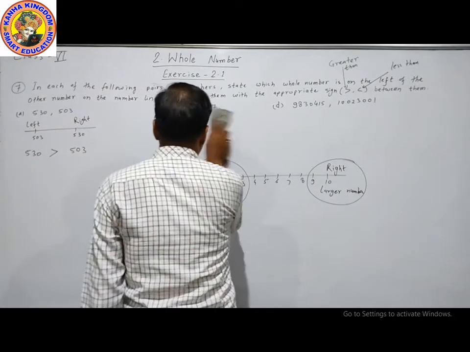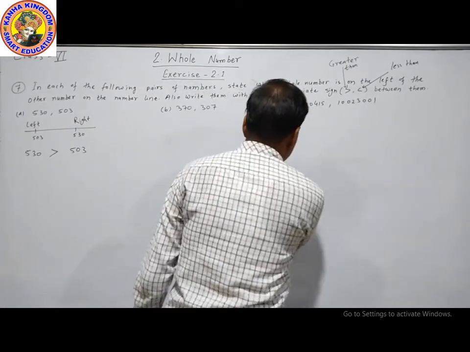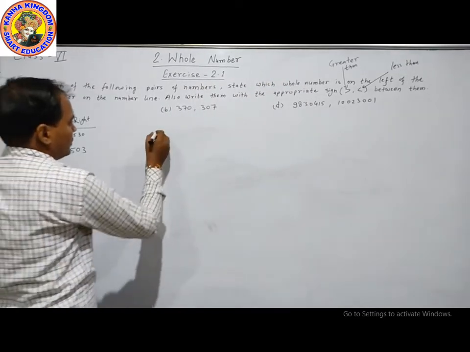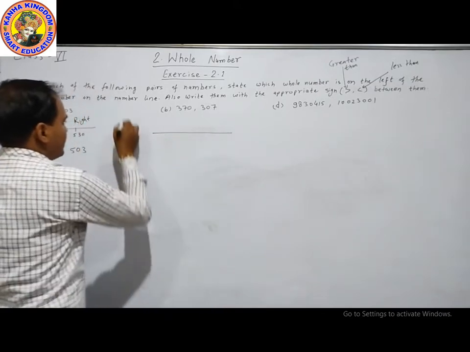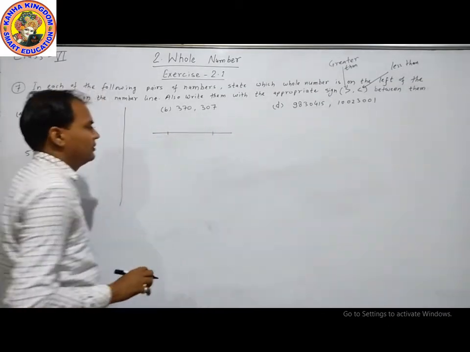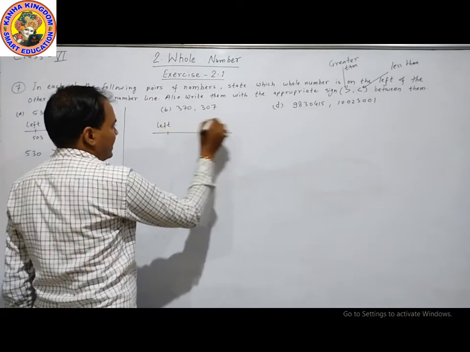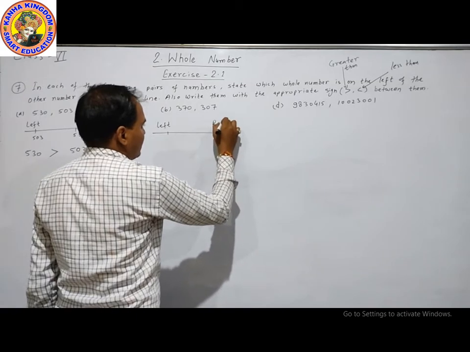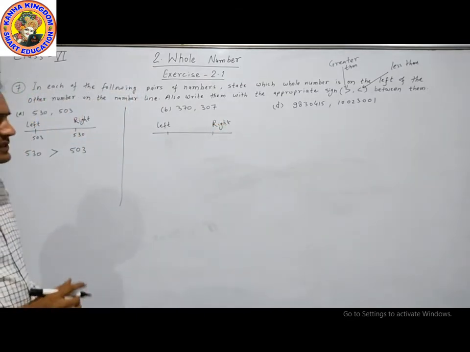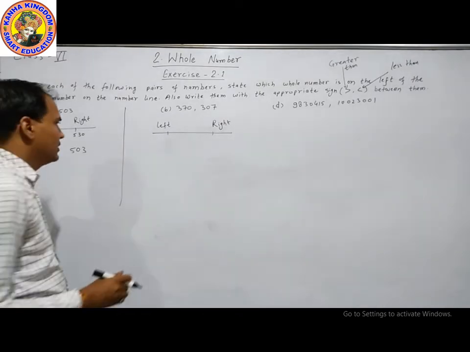Now taking another question. This is a number line. Here we will place two numbers, one on the left side, another on the right side. On the left side we place the smaller number, on the right side we place the larger number.